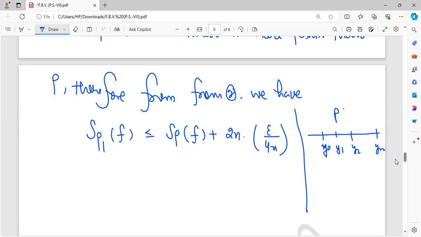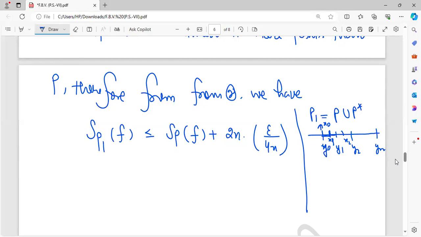Now I am taking union with P star, that is my P1. So x1 will come here, x2 will come here. Then if you have this point here, then you have f(xi) minus f(y0), f(y1) minus f(xi), and their norm is less than delta.